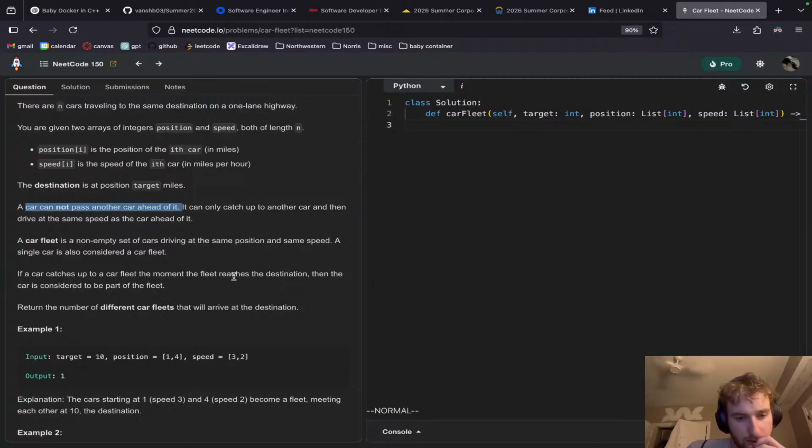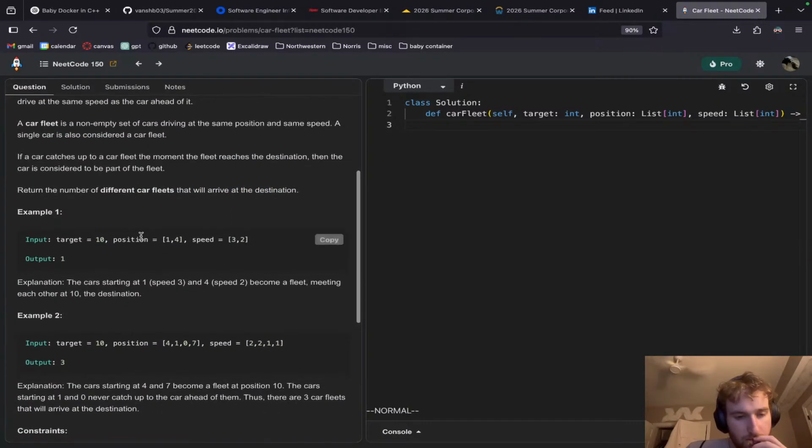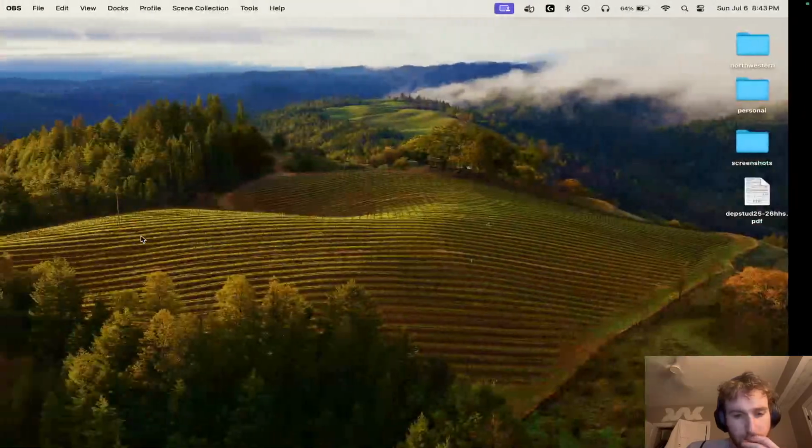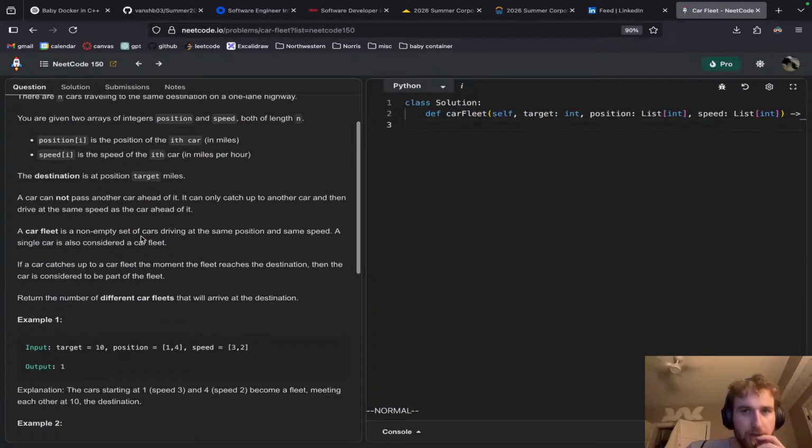A car cannot pass another car ahead of it. Gotcha, okay. I mean, I understand it. So how could we do this?